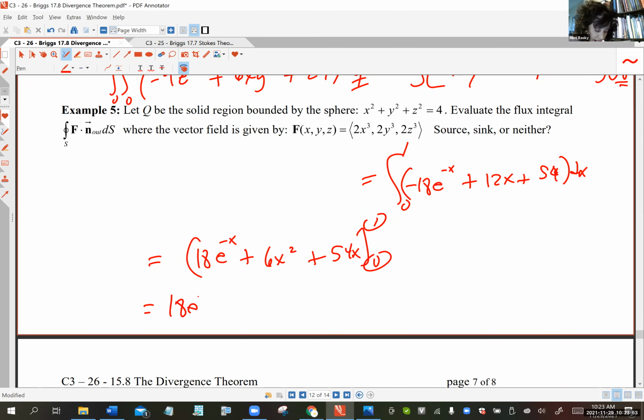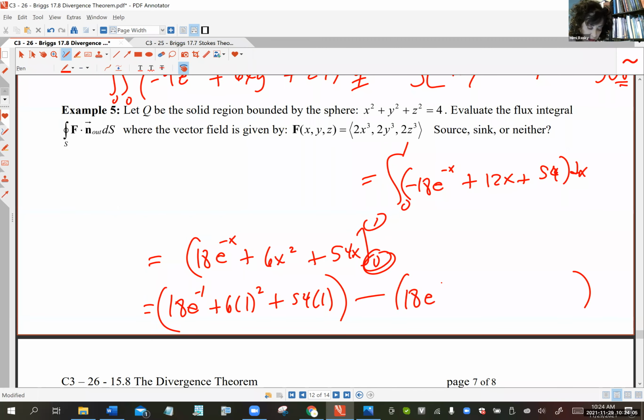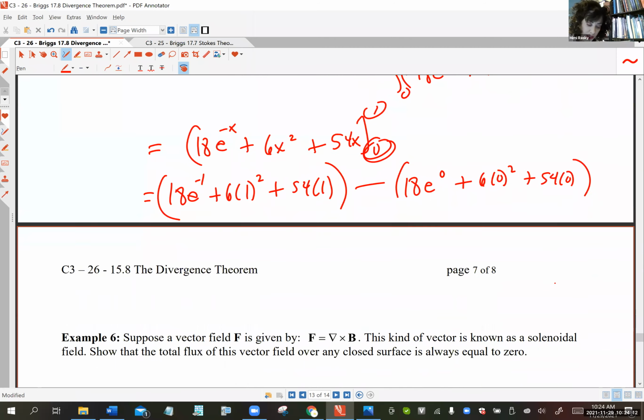We'll first substitute a 1 in place of x. That's pretty easy. Minus, to be careful, do you see where 0 is not going to go to 0 when we substitute in a 0? So this right here is not equal to 0. That's why you've got to be careful.